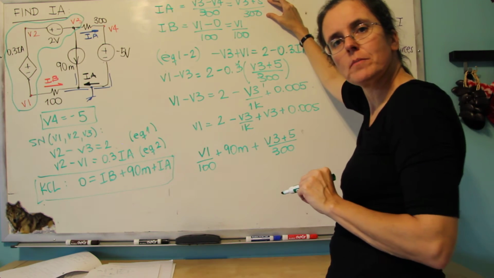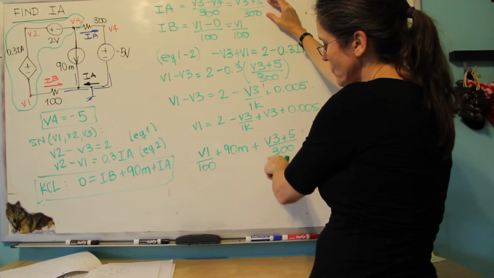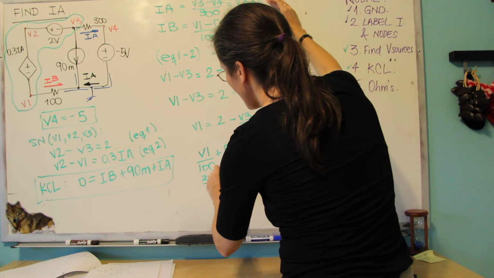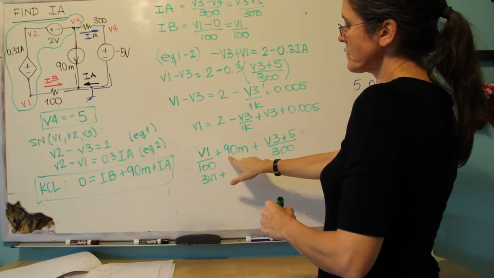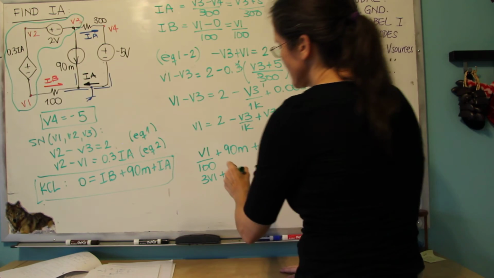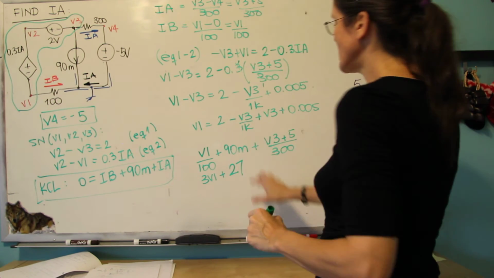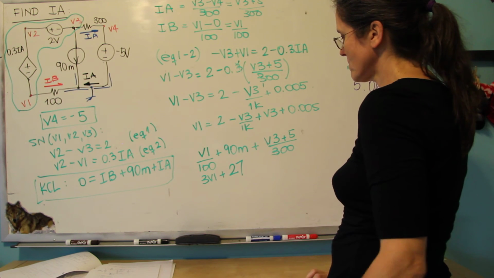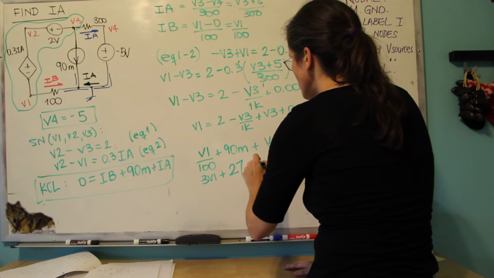So I'm multiplying everybody here by 300, which is the least common denominator. So it's 3V1 plus 9 times 3 is 27. And then this is 10 to the minus 2 times 10 to the 2.